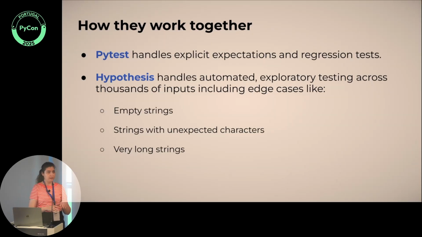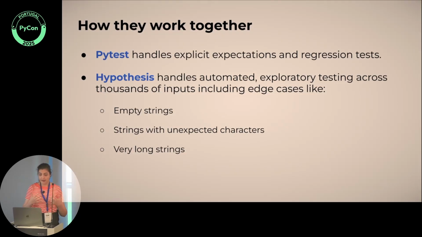So the thing about Hypothesis is that it complements your tests written in PyTest, and they work together this way. PyTest basically handles explicit expectations and regression tests, because in PyTest you explicitly give the input and the output, and in Hypothesis tests you write tests just using properties and describing what properties you want the string to have.